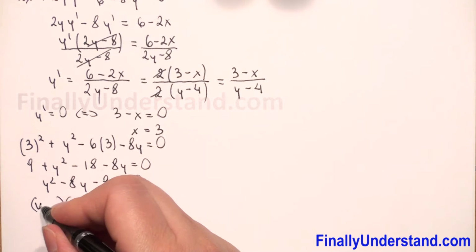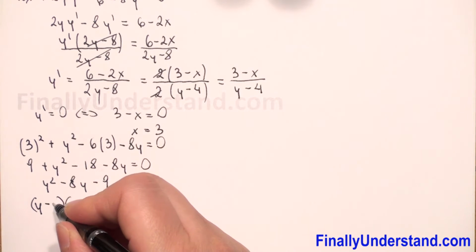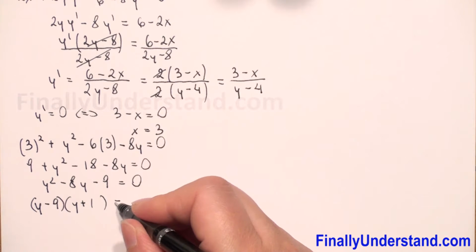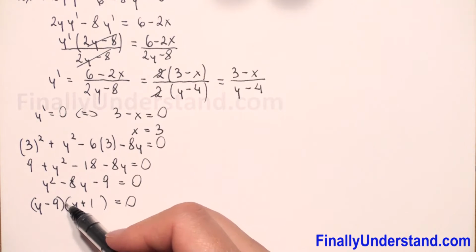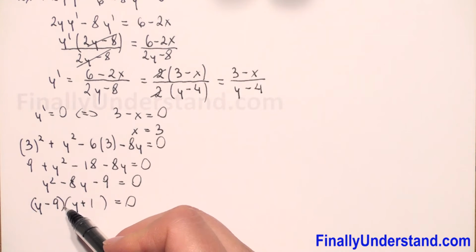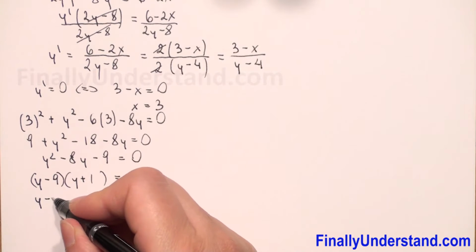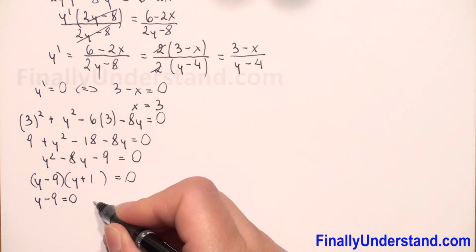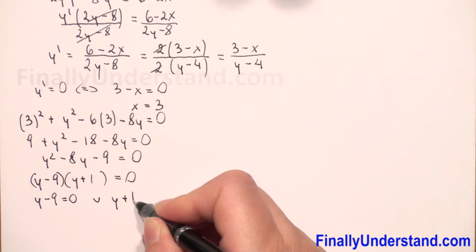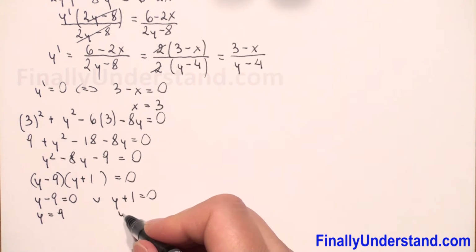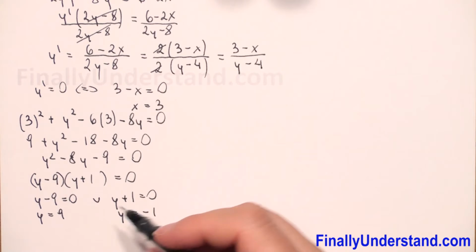So it will be (y minus 9) times (y plus 1). This is equal to 0 when one of these parentheses is 0. So y minus 9 is 0, or y plus 1 is 0. So we have y equals 9 or y equals negative 1.